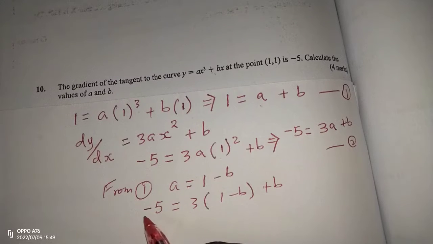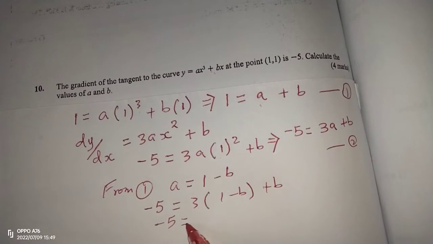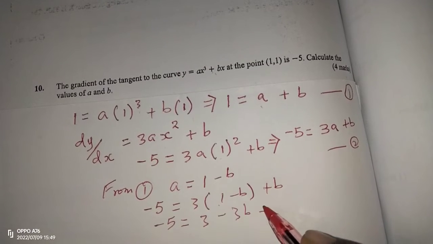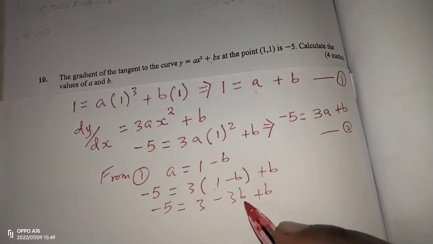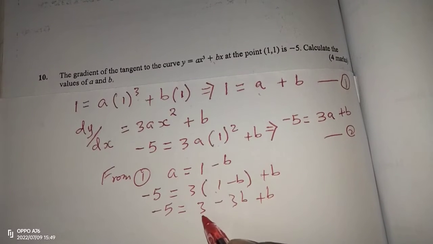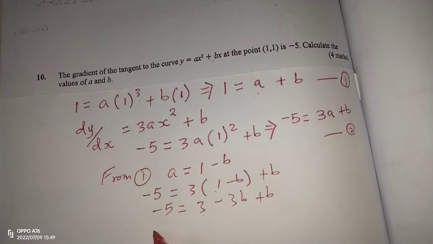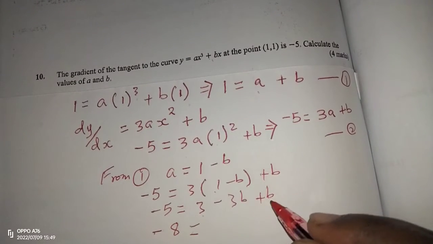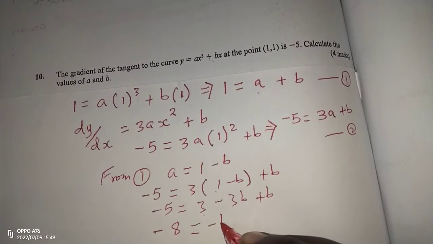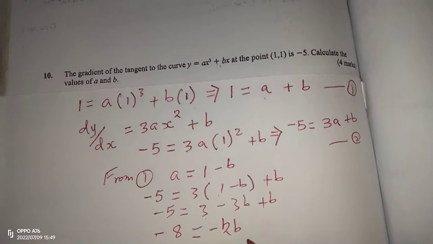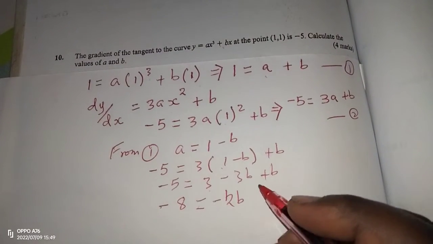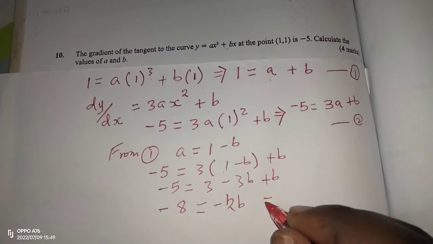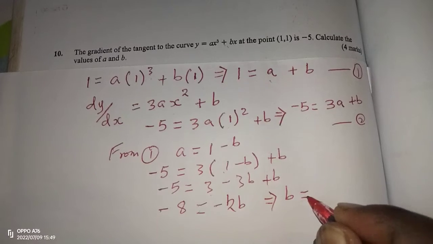So here we shall have negative 5 equals 3 minus 3b plus b. After grouping like terms together, 3 coming to this side becomes negative, so you have negative 8 equals negative 3b plus b, which is negative 2b. To remain with b, we divide through by negative 2, the negatives cancel one another, and the value of b is going to be 4.